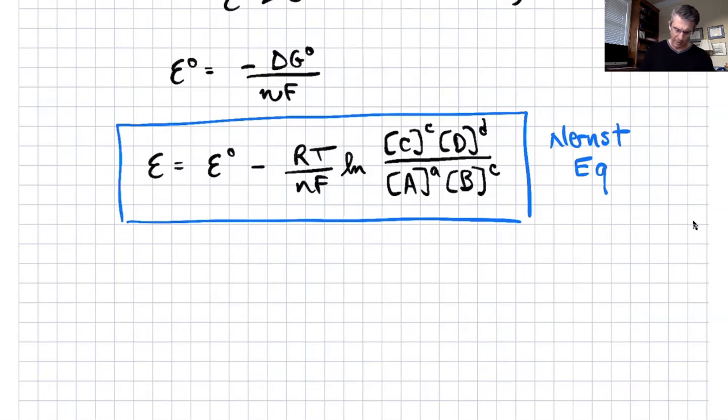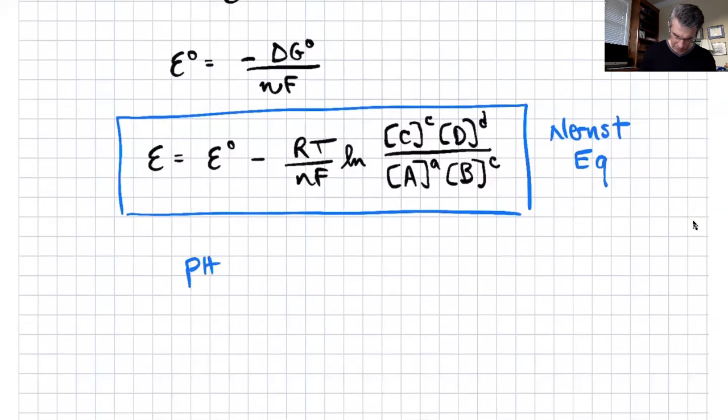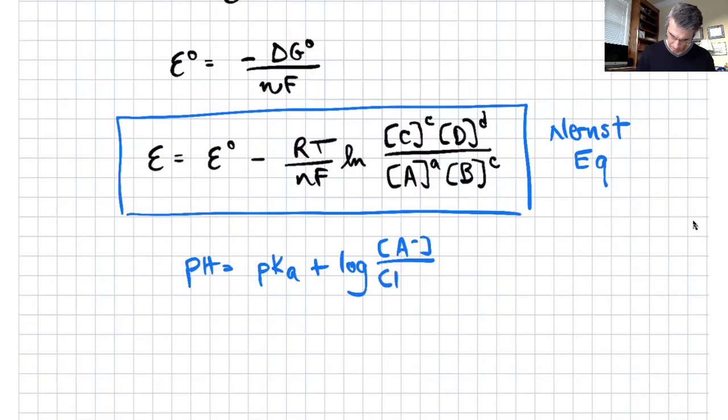Because if you look at that and remember the Henderson-Hasselbalch equation, where pH equals pK plus log A minus over HA, in basic mathematical form it's not so different, right?